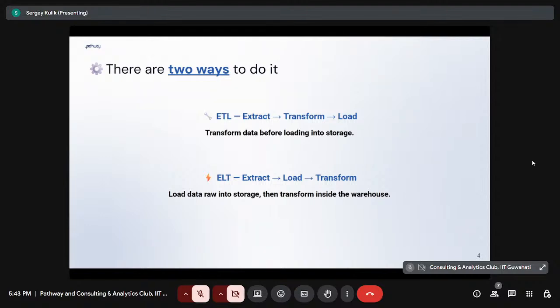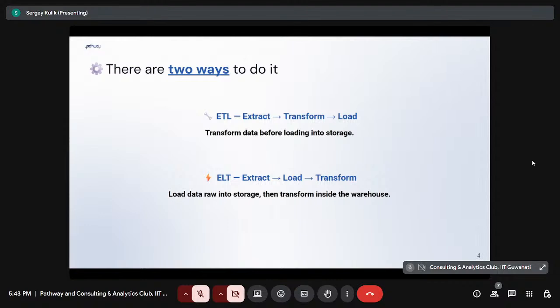Then it does the transformation, so it shapes the data a little bit so that it looks more suitable for analytics. And after this transformation, this data is loaded into another kind of database that supports more analytics-shaped queries, like, let's say, Hadoop. And it's all done within the same job.